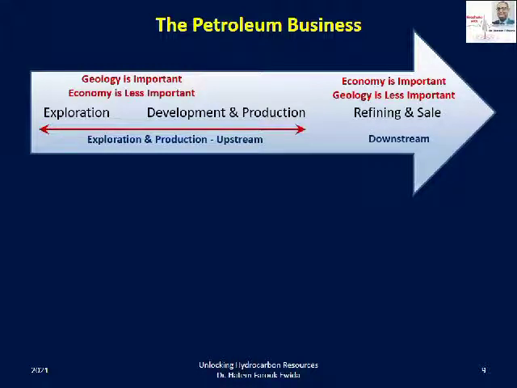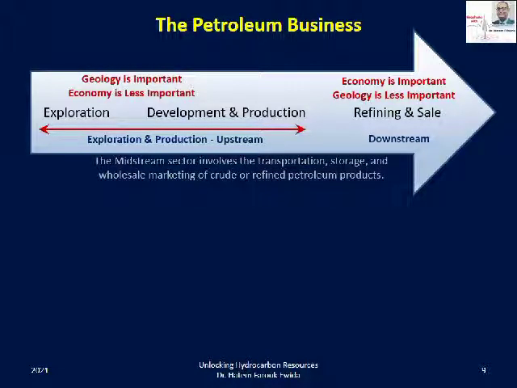Some of the terms in the business: the exploration and production stages or phases, we call the upstream, and the refining and sale, we call the downstream. So we have upstream, downstream. What about the midstream? The midstream sector involves the transportation, storage, and wholesale marketing of crude or refined petroleum products.